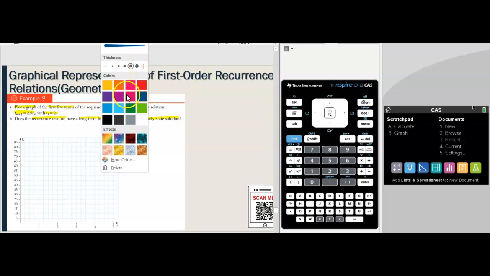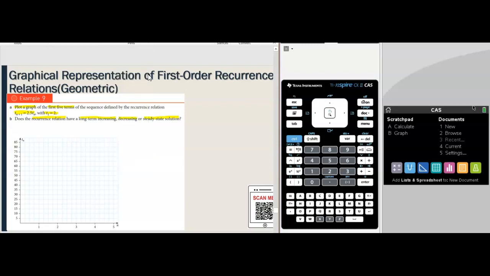Right, so with this, use a purple. So from here, the information given is Tn plus 1 equals 2.5 times Tn, with T1 equals 2.